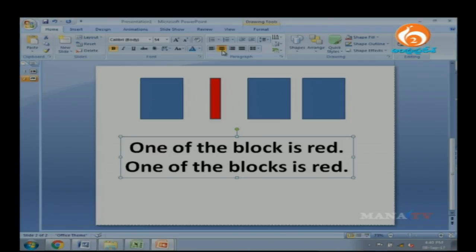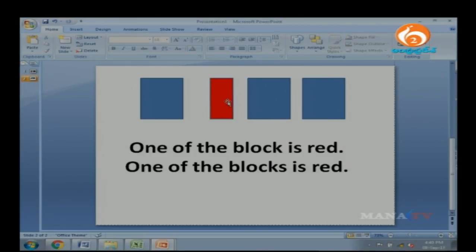You have 4 blocks. You mean to say one among these is red, correct? So, give me the correct answer. Option 1, one of the block is red, or one of the blocks is red.